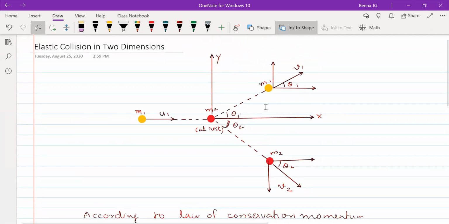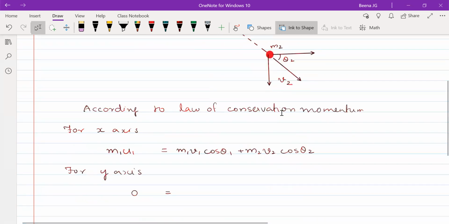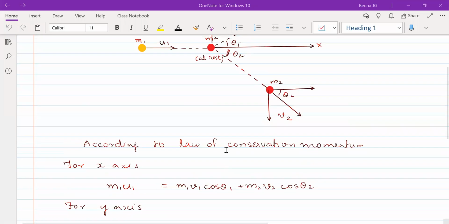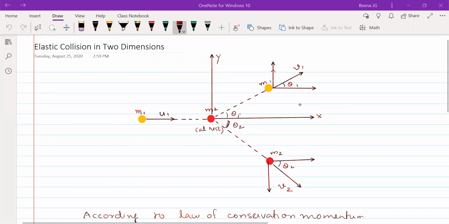And for the final momentum, let us think about the y component once again. m1 is moving in this particular direction, making an angle θ1 with the x-axis.